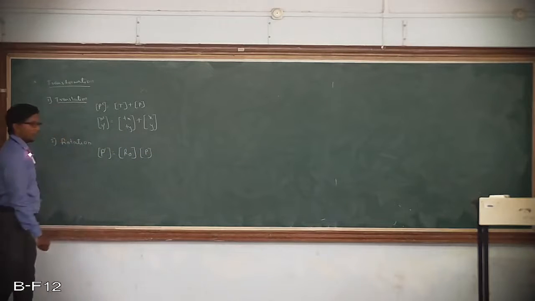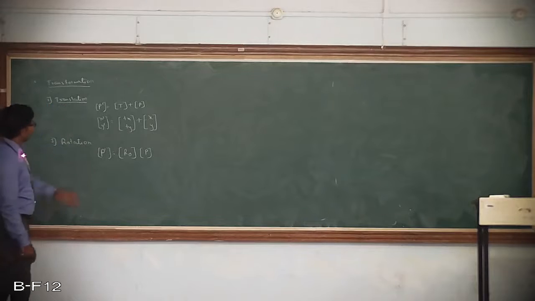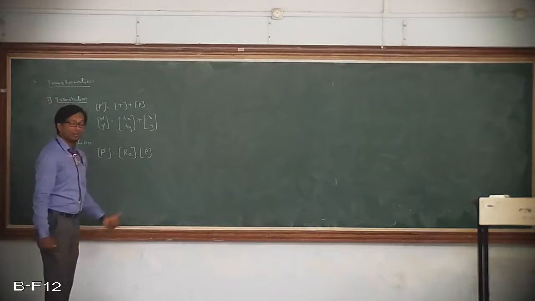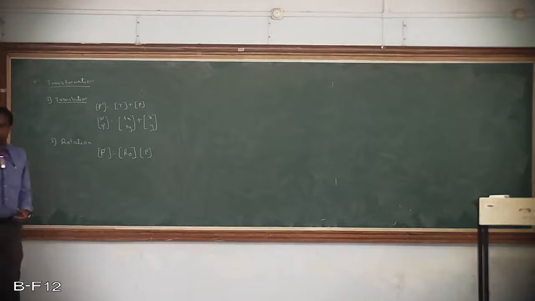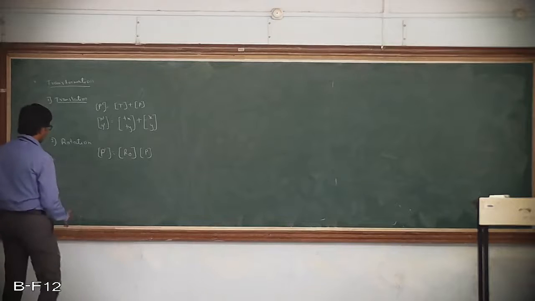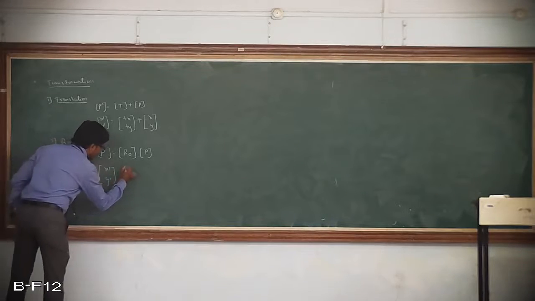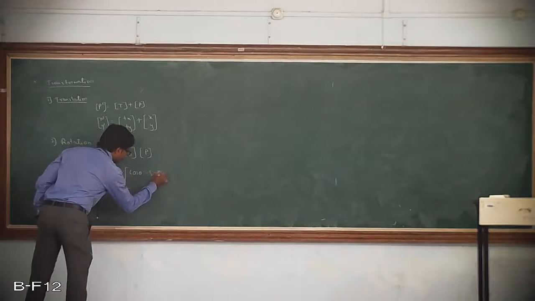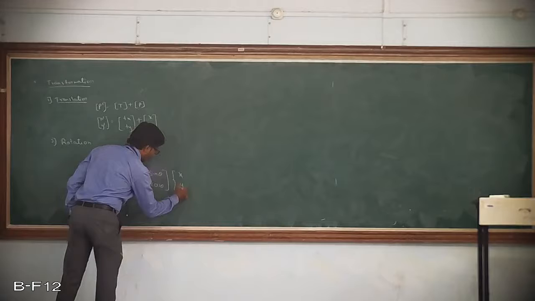What does this mean? This is a rotation matrix. If you observe the two different matrices, one is an additive matrix where we have to add, while here we have a multiplication matrix. In case of rotation and scaling, we have a multiplicative matrix. If you elaborate this case, you will have x dash, y dash, and the values are cos theta, minus sin theta, cos theta into x, y.